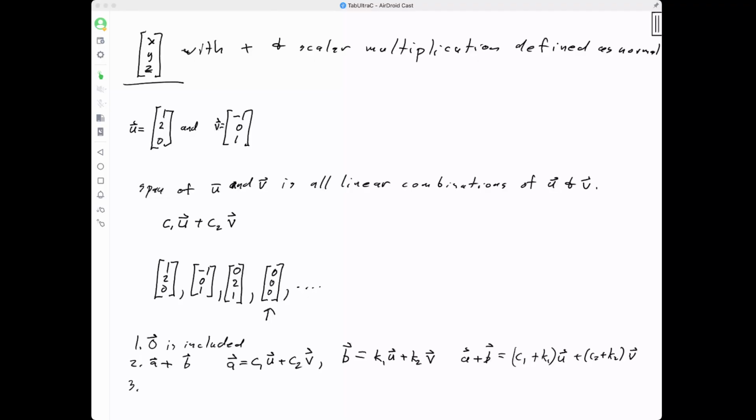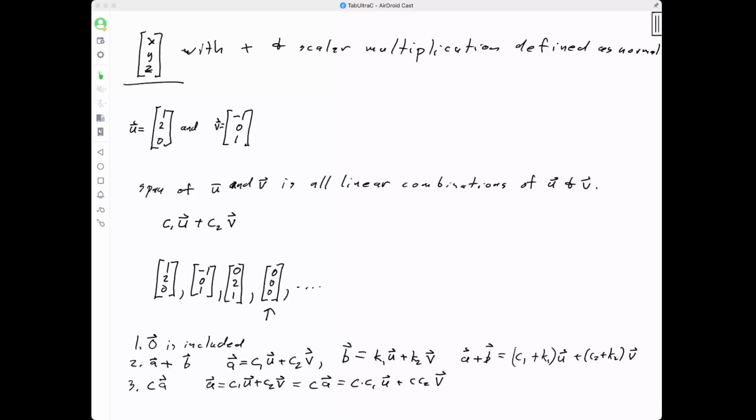So the second piece of checking if it's a subspace is true. The third one says any multiple of a vector is in the subspace. So if I have a vector A in the subspace, since it's in that vector space, I know it's equal to C1U plus C2V for some constants C1 and C2. If I multiply that by C, I get C times A is equal to C times C1U plus C times C2V.